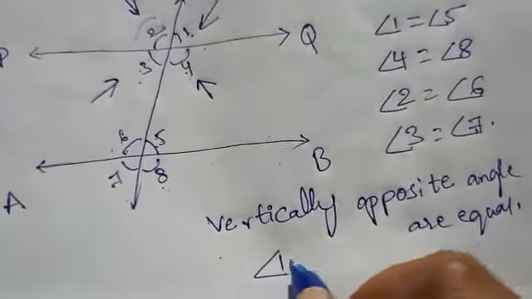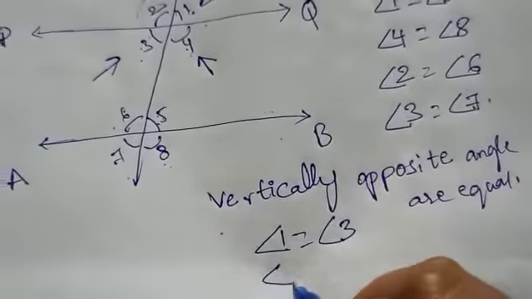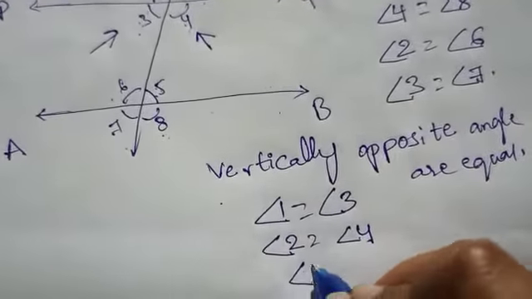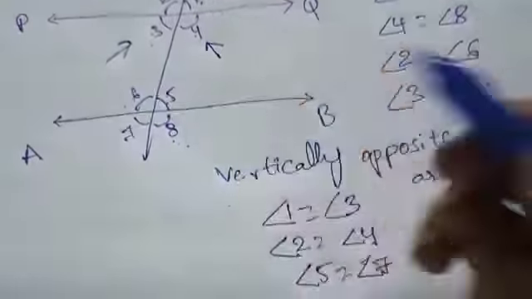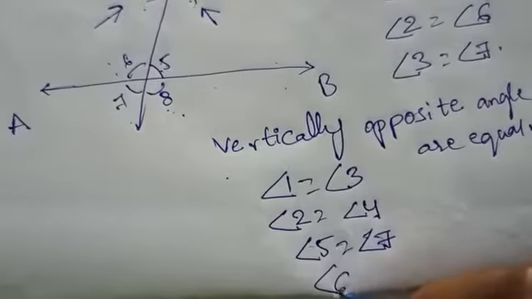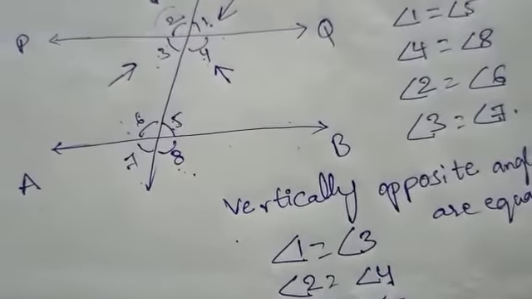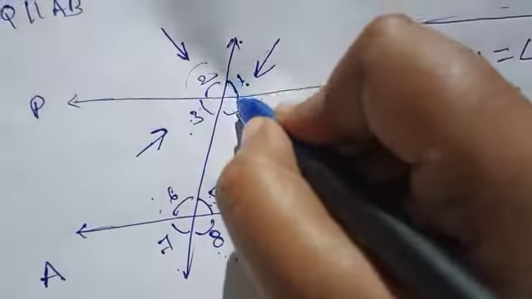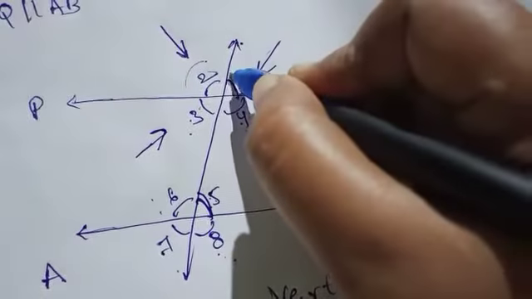So angle 1 equal to angle 3. Next, angle 2 equal to angle 4, angle 5 equal to angle 7, angle 6 equal to angle 8. These are vertically opposite angles. See, corresponding angles are equal: angle 1 equal to angle 5.